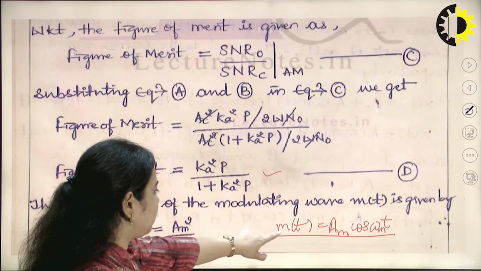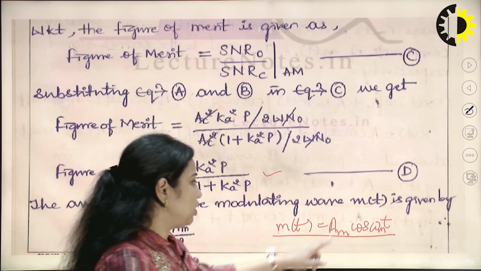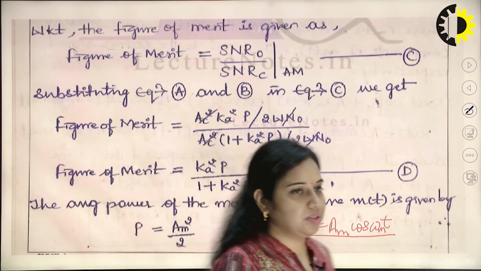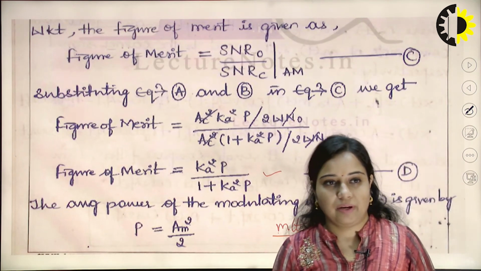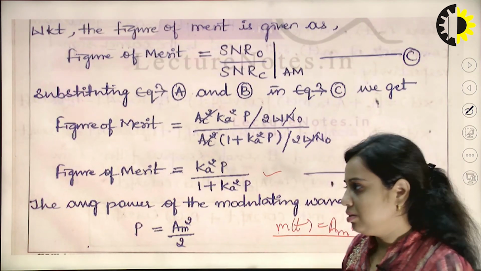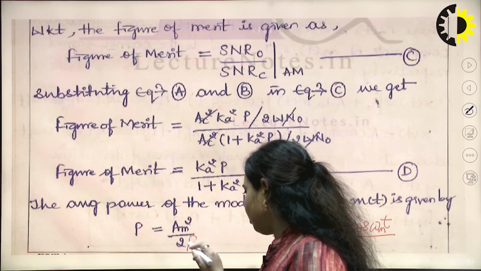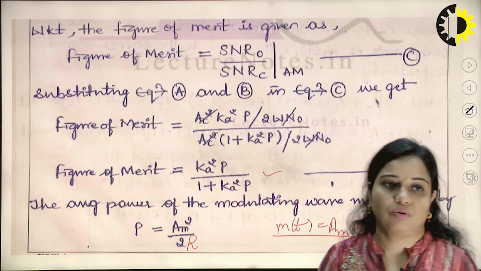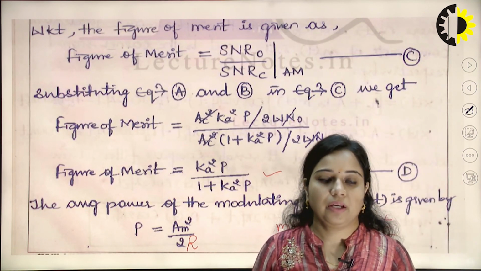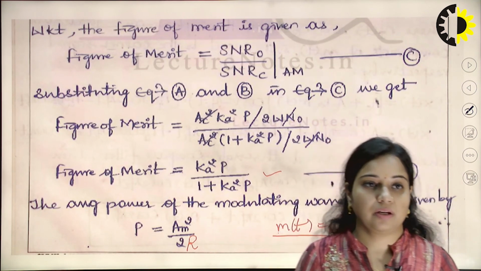From here we can calculate the power, which is equivalent to the mean square value of m(t), that is Am square upon 2. When we consider a resistance in the circuit, it will be Am square upon 2R, and if it is not given, we can consider it as 1 ohm.